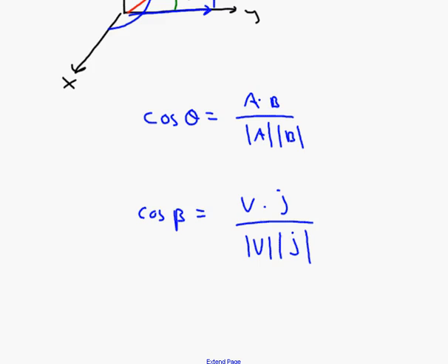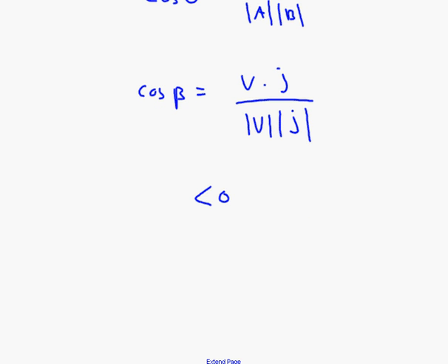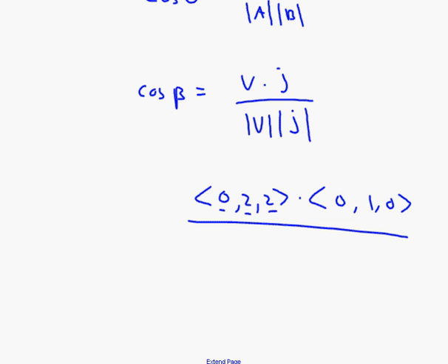Okay. Vector v has components 0, 2, 2. And the vector j has components 0, 1, 0. Now on the bottom, we're going to do the norms of these things. Well, the norm of vector v would be the square root of all these components squared and added together.